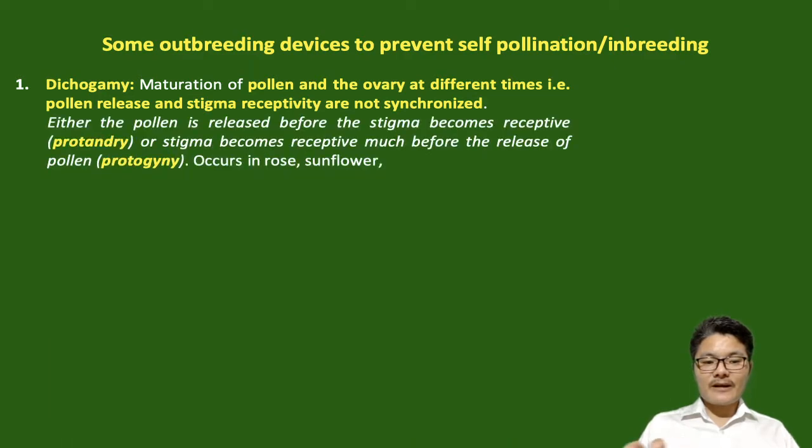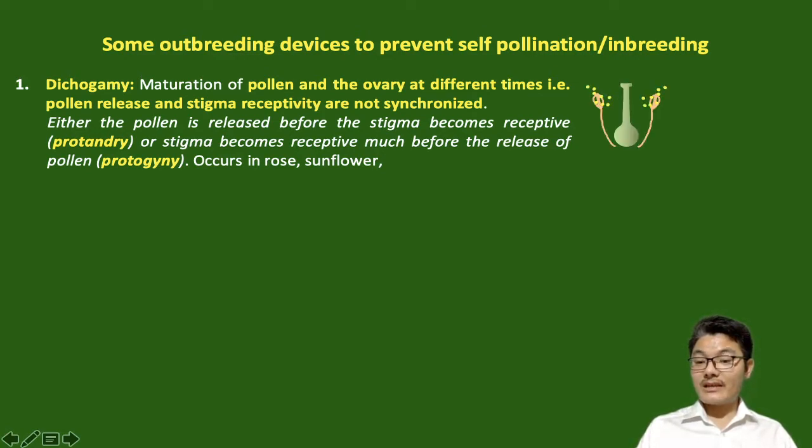Two different conditions or mechanisms of dichogamy are protandry and protogyny. Pro here refers to early, andry here refers to male, and gyny here refers to female. So in protandry, there is maturation of pollen grains, or there is release of pollen grains earlier than the stigma becomes receptive.